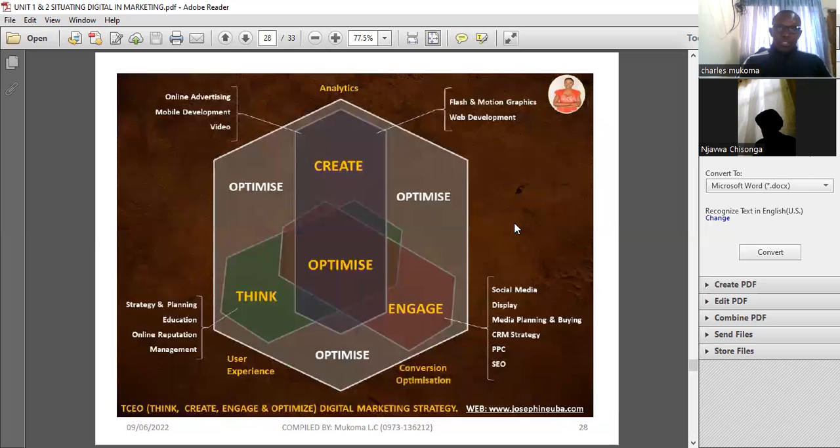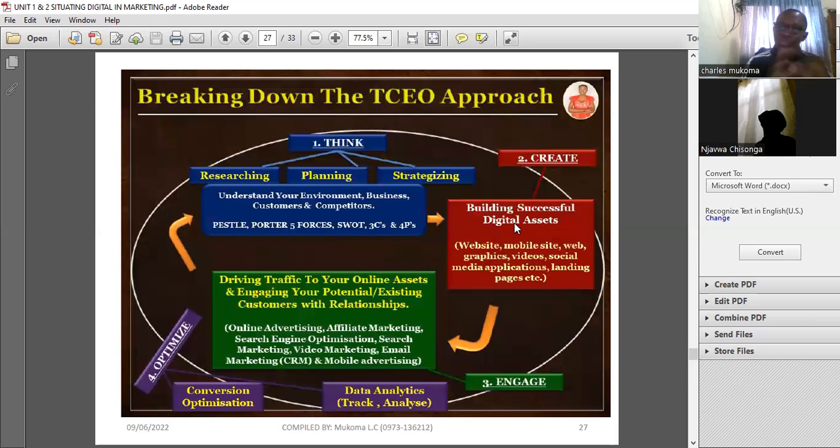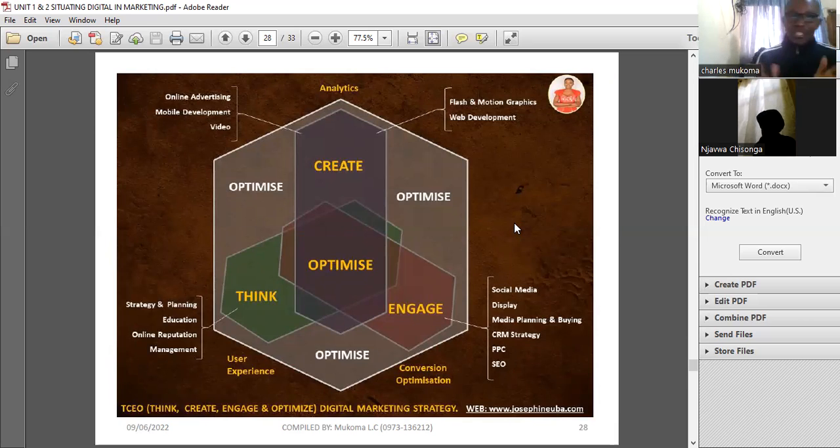Don't worry about how the diagram is drawn, as long as these things are appearing. The first one, the think, was somewhere else, but that is not important. You can draw it in any way as long as you have think, create, engage, optimize, all those things, then you are okay.